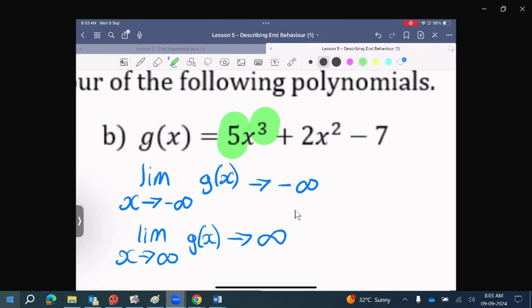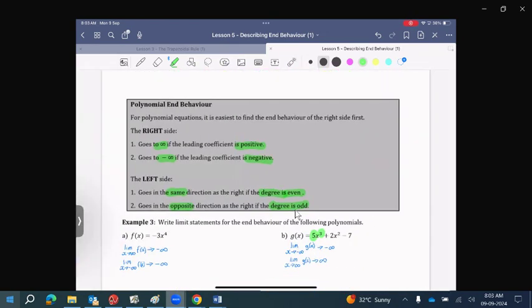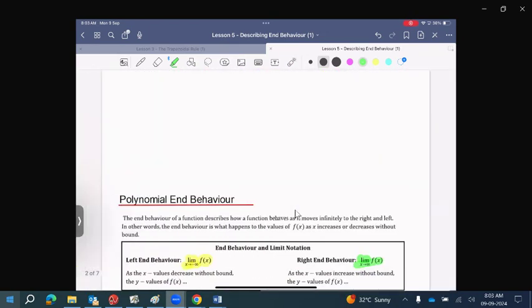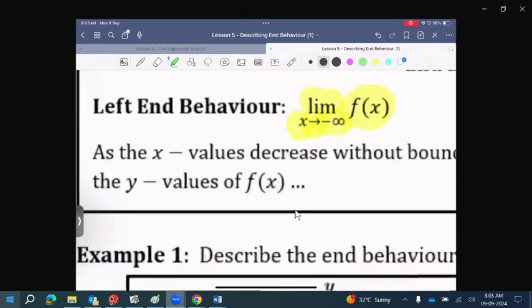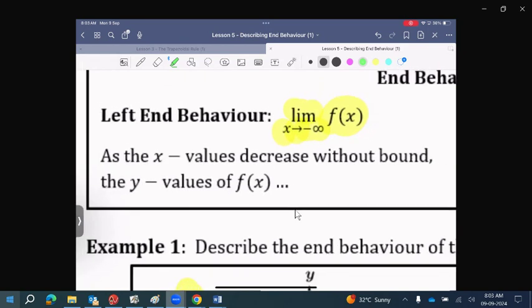As x increases without bound, g of x will increase without bound. So as x values decrease without bound, the y values of f of x will increase or decrease without bound.